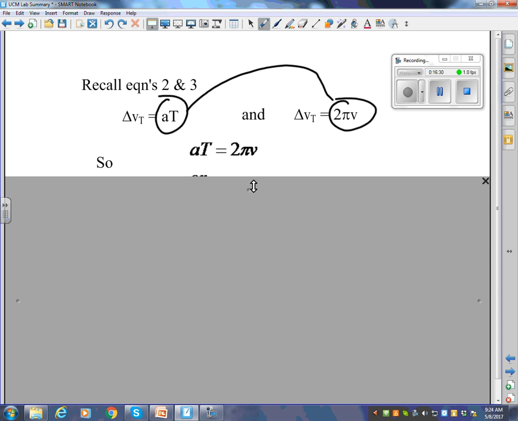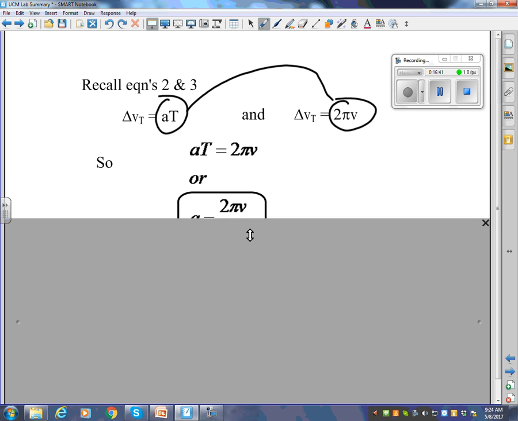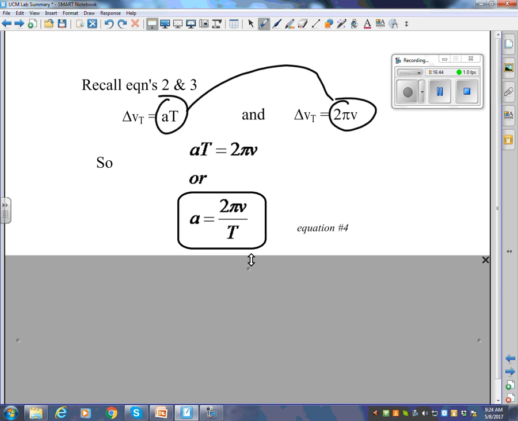Giving us AT is equal to 2 pi V. And if you prefer, you can rearrange that to A equals 2 pi V over T. Just divide both sides by T. Saved equation number 4. We are proposing geometrically that the centripetal acceleration is equal to 2 pi V over T. Don't worry, when we're all done, I'm going to give you the formulas, the ones you need to know. Don't worry.